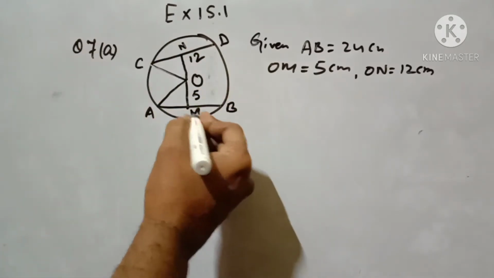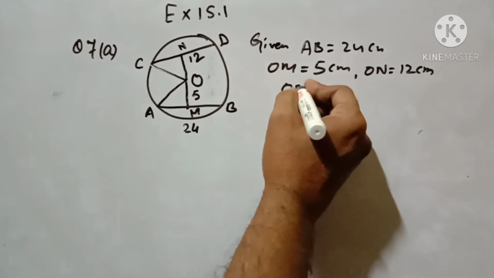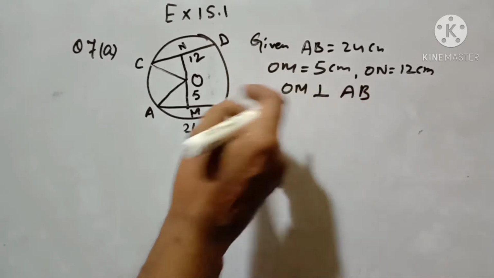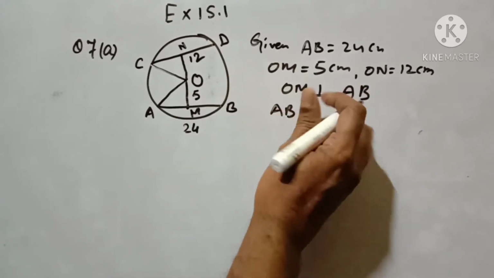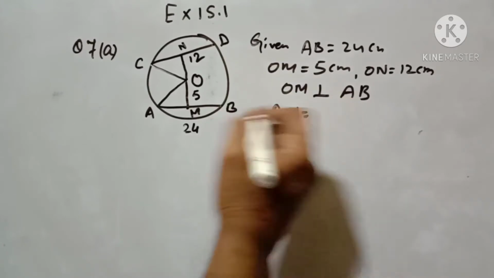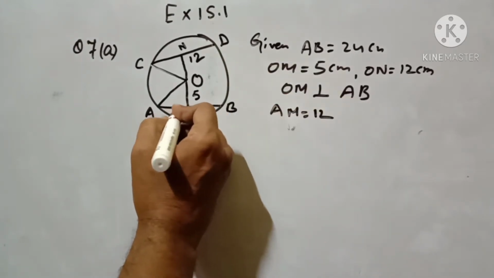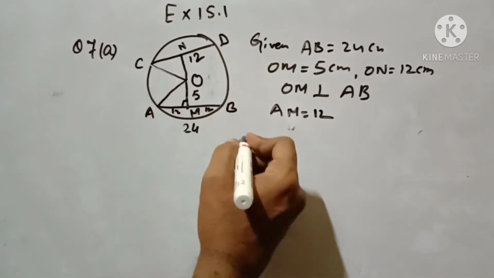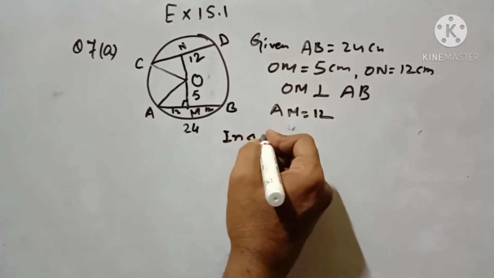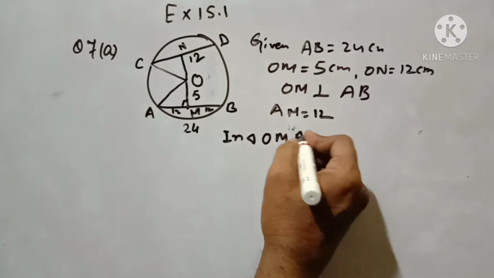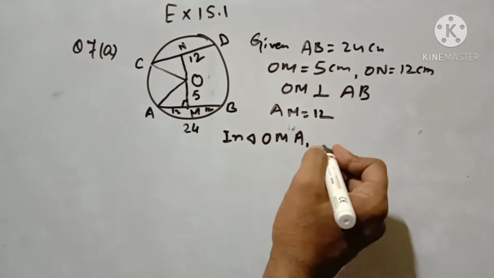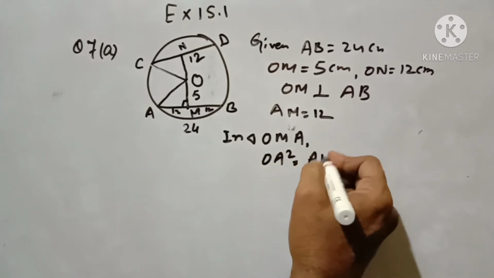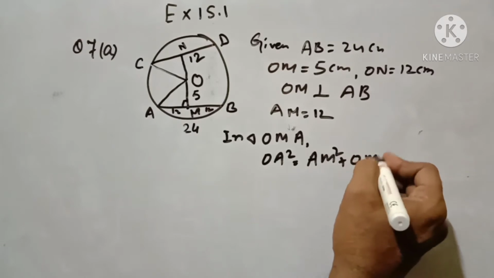If OM is perpendicular to AB, therefore AM equal to 12 centimeter. This will be 12 centimeter, this also 12 centimeter. Now it is a right triangle because of the perpendicular. So in right triangle OMA, I can write OA square equal to AM square plus OM square.